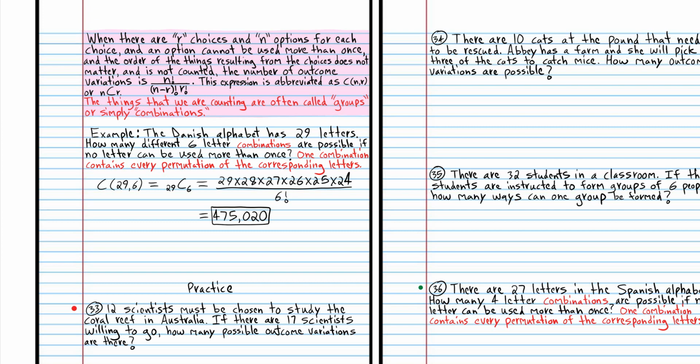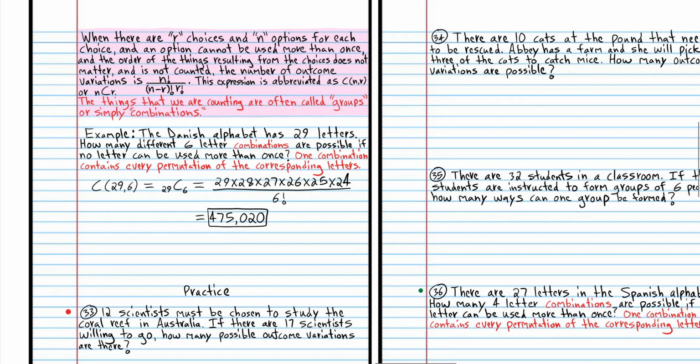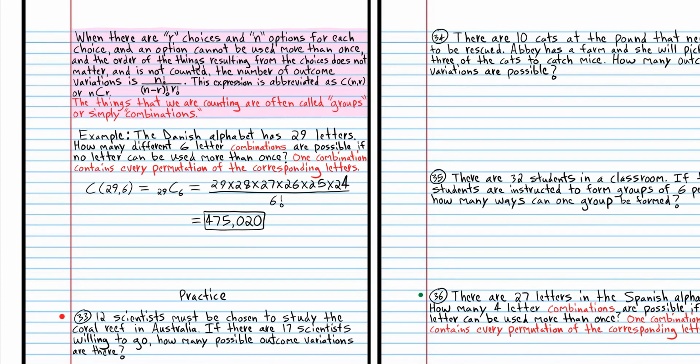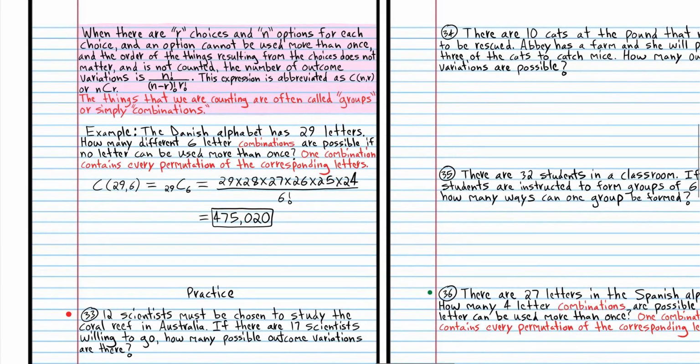The second scenario is when we had a number of choices to make, and each choice had the same number of options, and we were allowed repetition. In the first scenario, we obviously were not allowed repetition because there's no such thing as repetition. You choose your cheese, and then you can't choose your cheese again on the second choice. You have to choose the bread. But in the second scenario, we were allowed repetition.